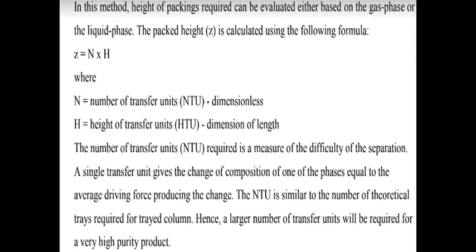In this method, height of packing required can be evaluated either based on gas phase or liquid phase. Packing height is calculated using the following formula: Z is equal to NTU into HTU, or N into H.